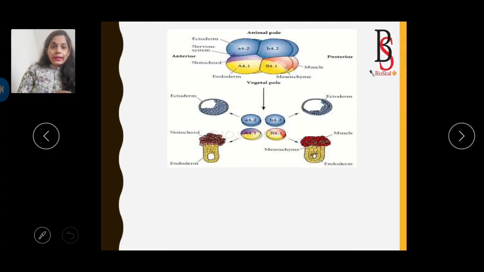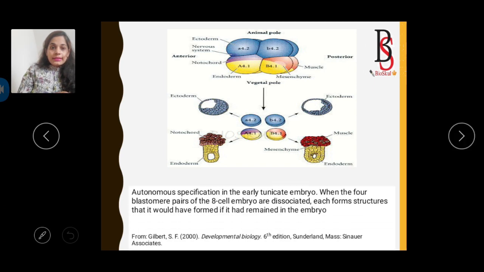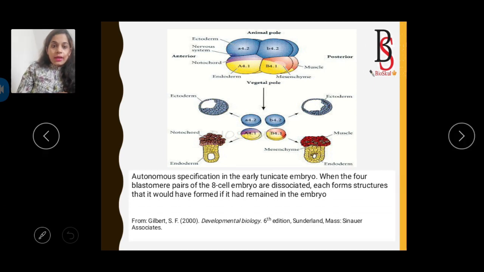So here in the diagram, as you can see, autonomous specification in an early tunicate embryo. The 4 blastomere pairs of the 8-cell embryo are dissociated from each other.